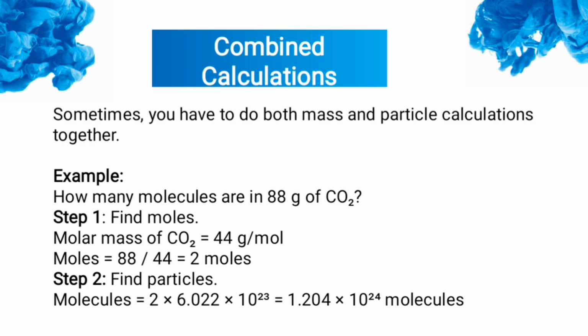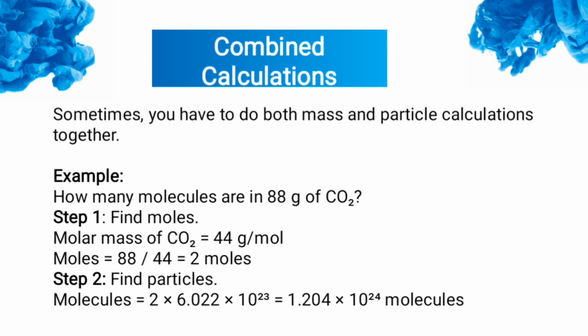Step number 1, find moles. Molar mass of CO2 is equal to 44 gram per mole. Moles, we already know the formula. So, just putting the values, it is equal to 88 divided by 44, which gives 2 moles. And step number 2, find particles.